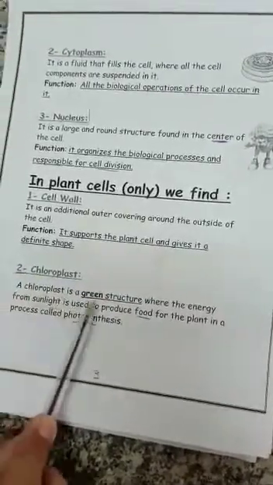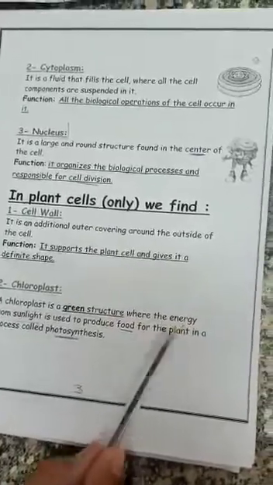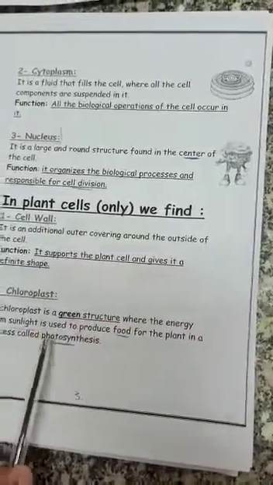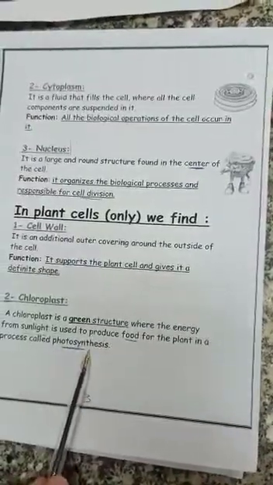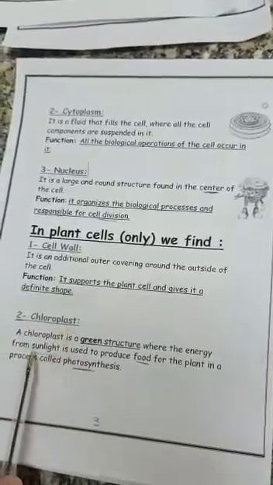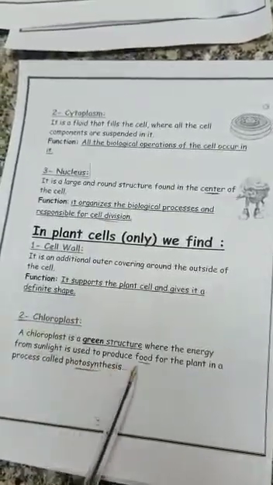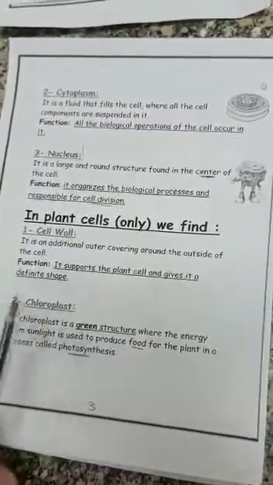A chloroplast is the green structure that takes the energy from sunlight and produces food by the photosynthesis process. So the chloroplast gets sunlight and makes its own food by photosynthesis.